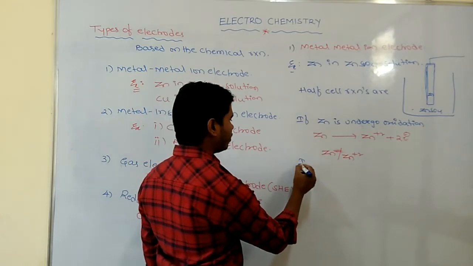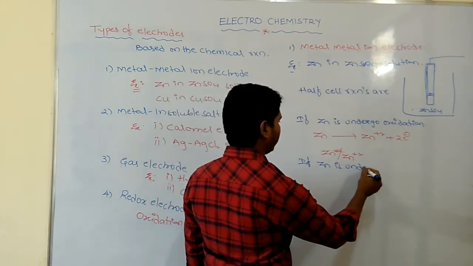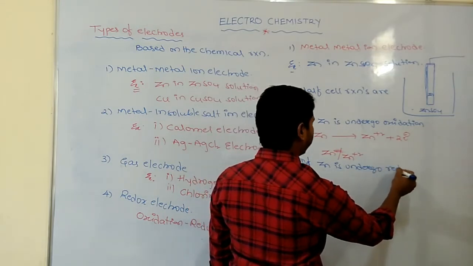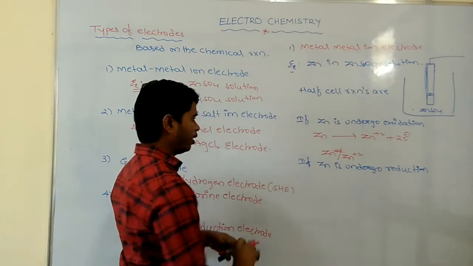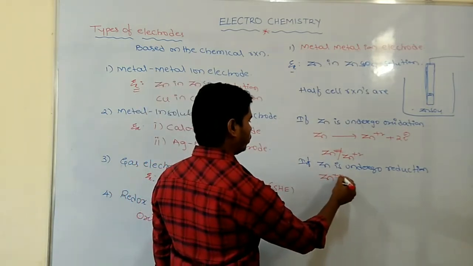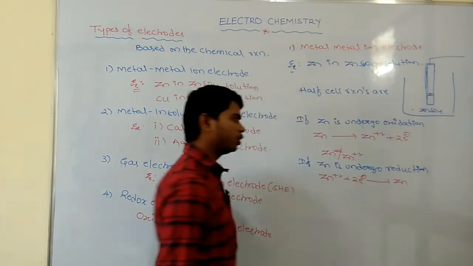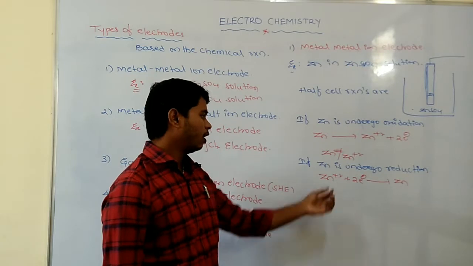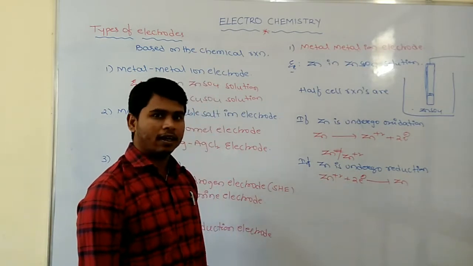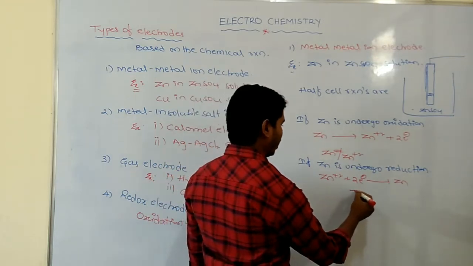If zinc plus 2 undergoes reduction, it gains 2 electrons and is converted into zinc metal. Loss of electrons is oxidation, and gain of electrons is reduction. Here the cell representation is metal ion by metal.